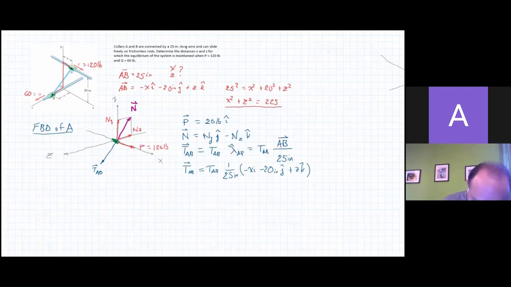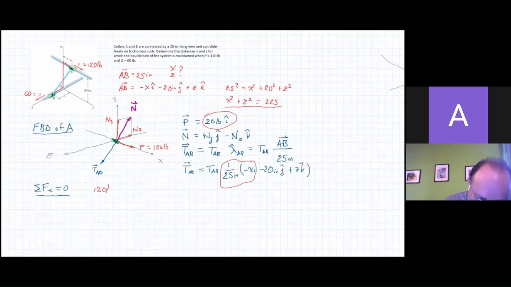So now we can proceed to set the equilibrium equations. Summation of forces in the x direction equals 0. So we have to add all the forces with I components, like this one and this one. So that will be 120 pounds. Let me put that in blue.